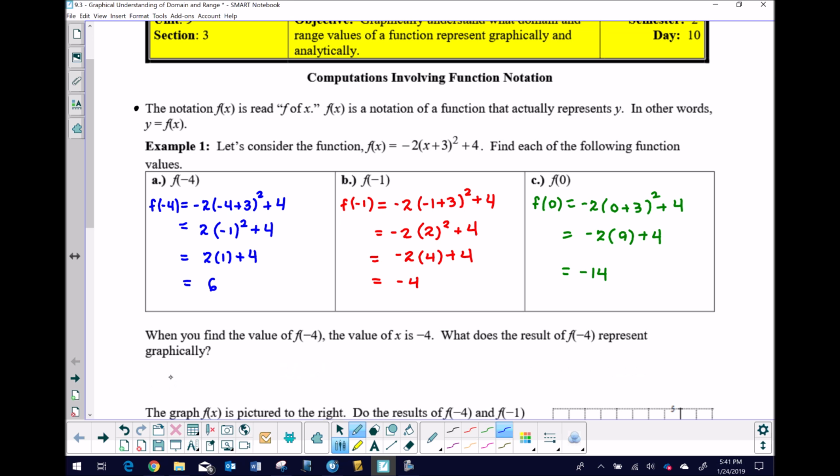Graphically, that simply means that the y value is f of negative 4, or in this case, 6, because f of negative 4 was 6 whenever x was negative 4. So just as you probably thought, it means that the point negative 4 comma 6 lies on your graph.